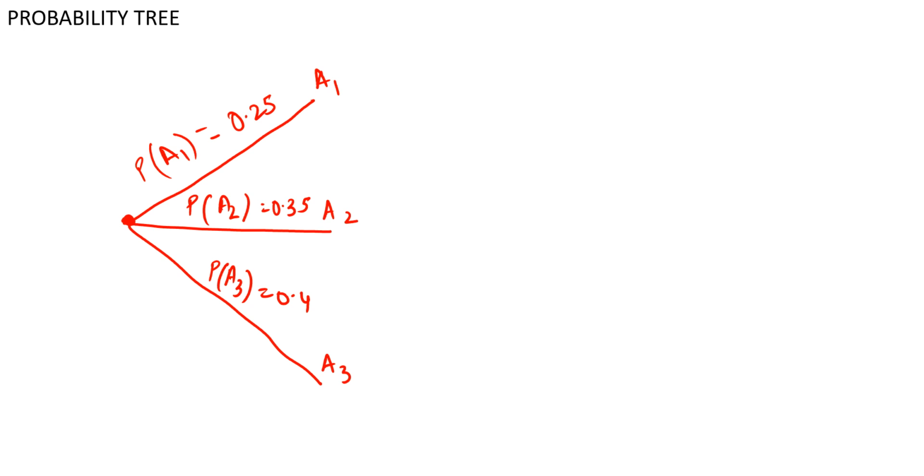Now this is the starting point, right? Now we know that the bolt is produced by machine A, by machine B and machine C. Now what is the probability of the occurrence of event E? We already know that a bolt is produced by machine A. What is the probability that it will be defective? So that we need is the probability of event E given that A1 has already occurred, right? And these probabilities we are already given.